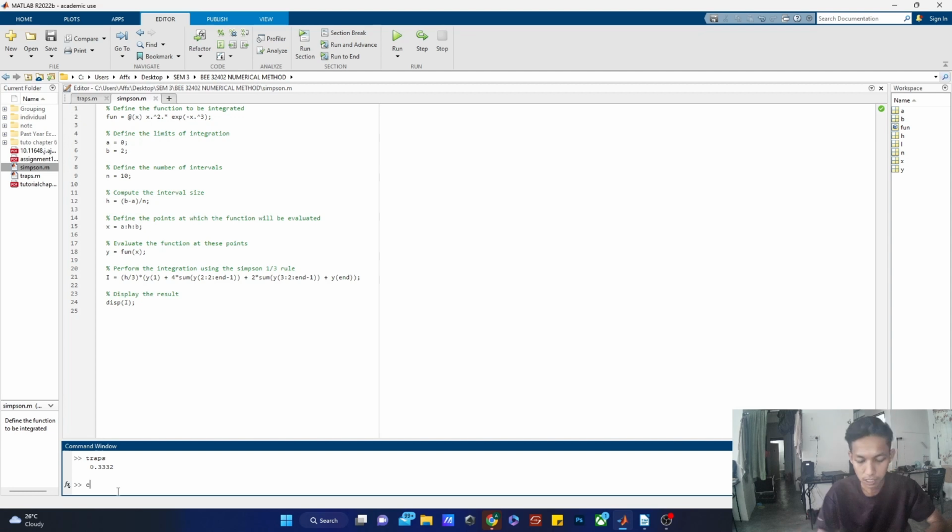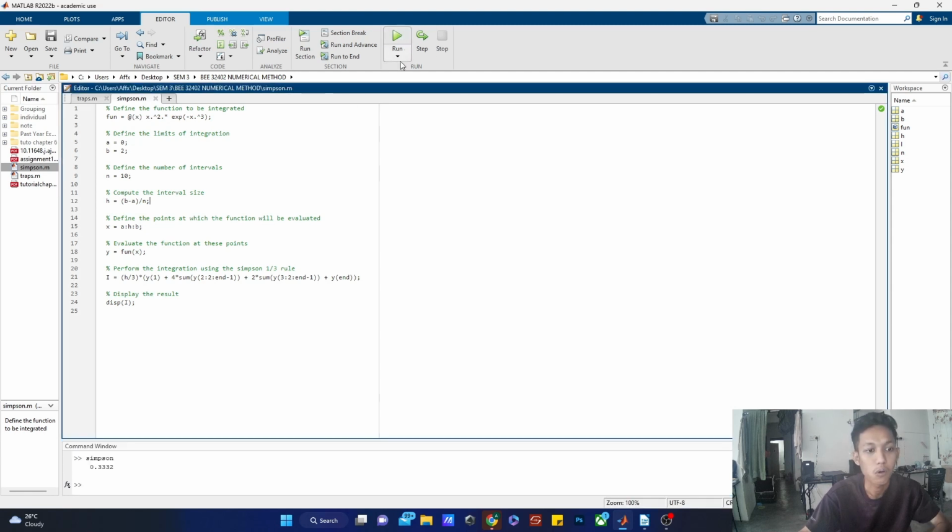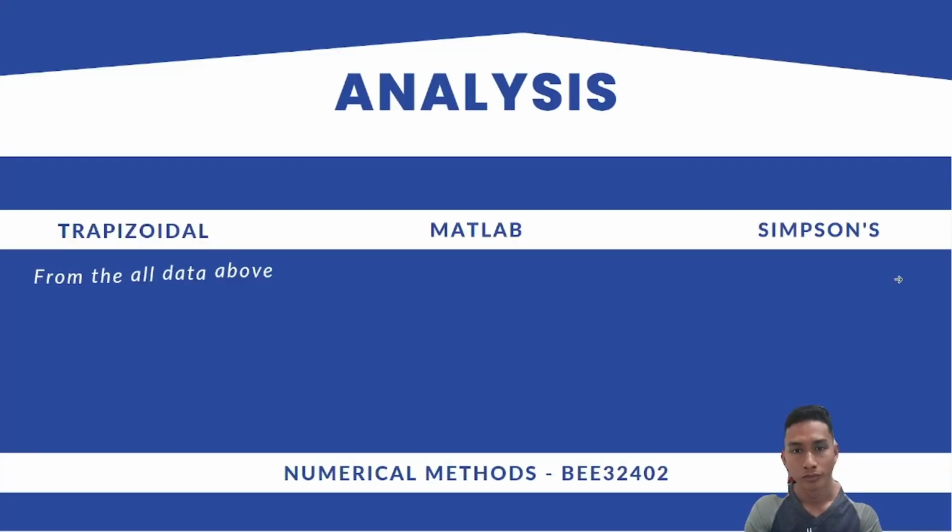The next one is Simpson's 1/3 rule. The outcome shows that our final value is 0.332. So as a conclusion, we get a similar value to the manual calculation. That's all. Thank you. I'm going to pass to the next presenter.